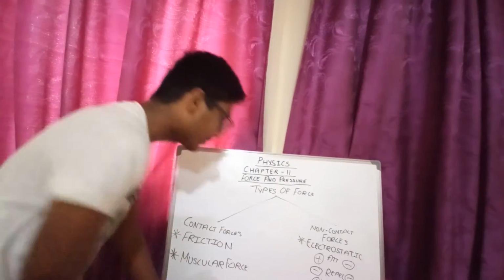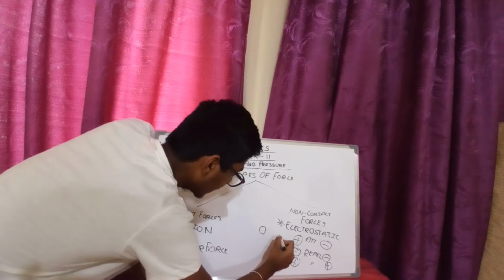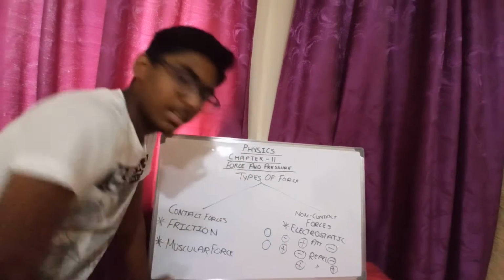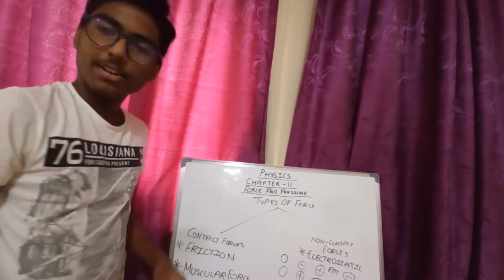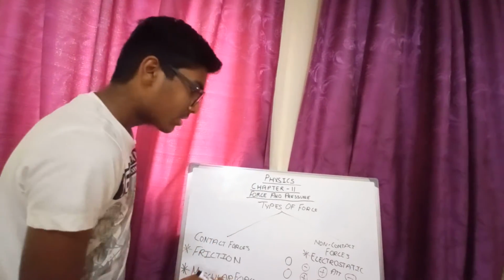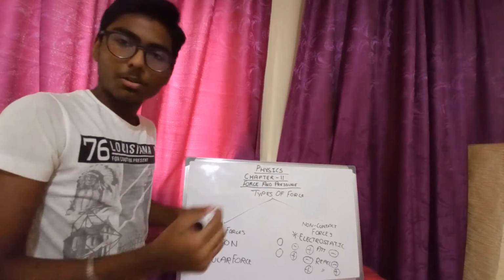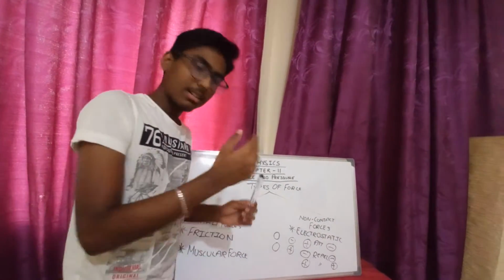And what is the other scenario? When there is no charge and there is a minus charge, or no charge and a positive charge, in this case also there is an attraction. So here we can see the different conditions on which two objects will either attract or repel each other. So electrostatic force has an attractive and a repulsive nature.